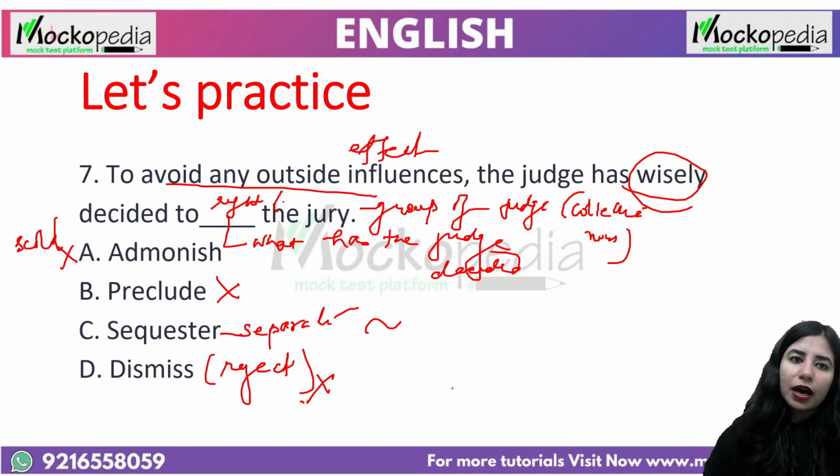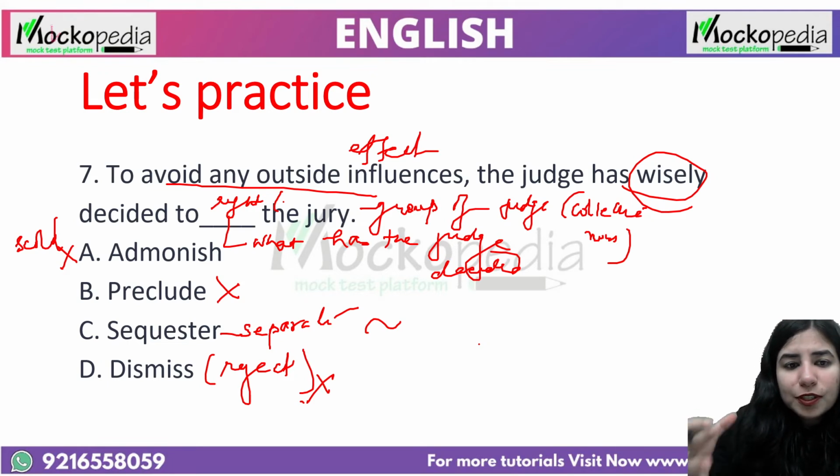So I hope we are clear with this particular question. A simple one. You have to see what sort of a decision he would take. So that the influence doesn't happen. So what would be the right one amongst the given? Dismissal will not benefit anyone, right? Admonish, scolding, will not help; separating will.